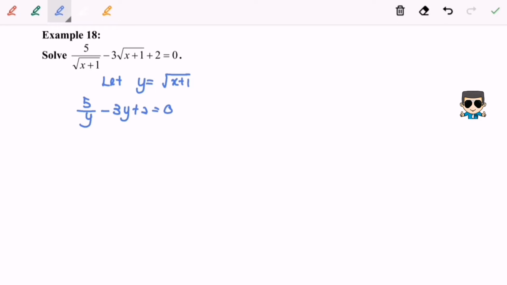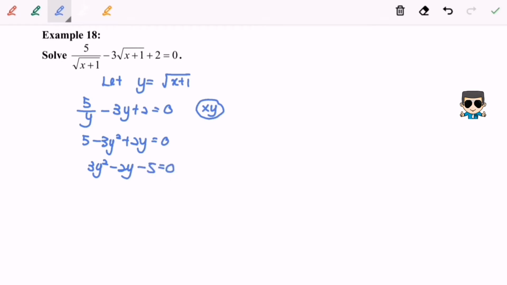Next step, I'm going to multiply the equation by y, and we will have 5 minus 3y squared plus 2y equals 0. Next, I'm going to rearrange the equation so that the coefficient of the quadratic term is positive: 3y squared minus 2y minus 5 equals 0.